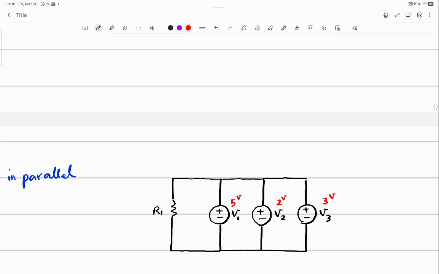For example, the leftmost one tries to force the voltage between the top and bottom terminal to be 5, the middle one 2, the rightmost one 3. So, which one is going to be the winner? Okay? So this is not a circuit that we are going to handle in this course. This is not possible. Let me put it this way.